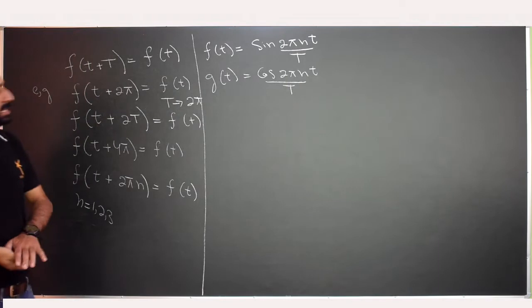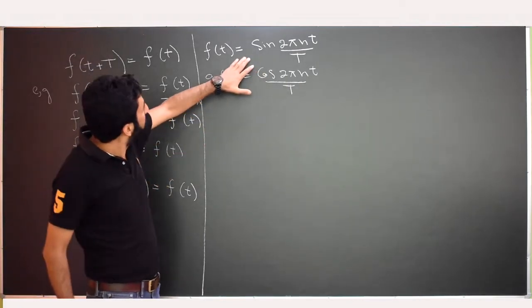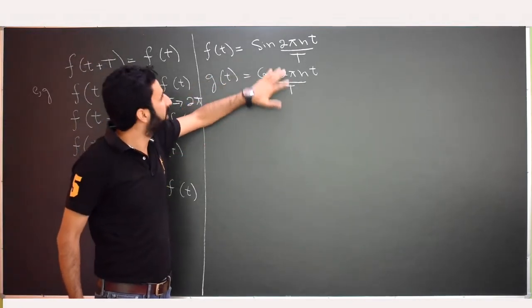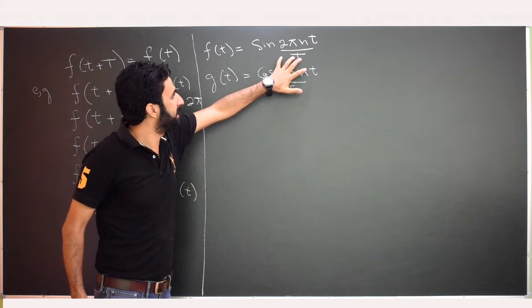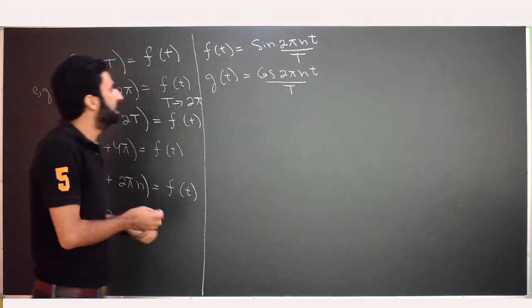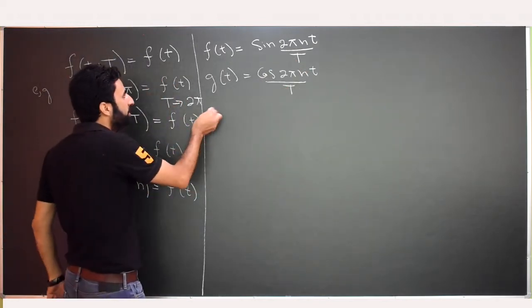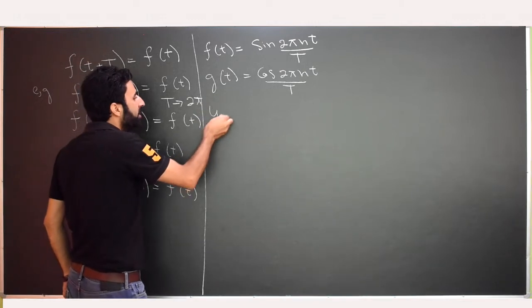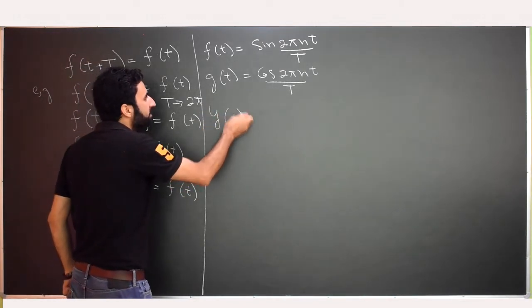Now just imagine here that the period in both of these periodic functions, that is time period, is the same. It's capital T and it's capital T. Now the linear combination of these two, let's in general represent it as y of some function.